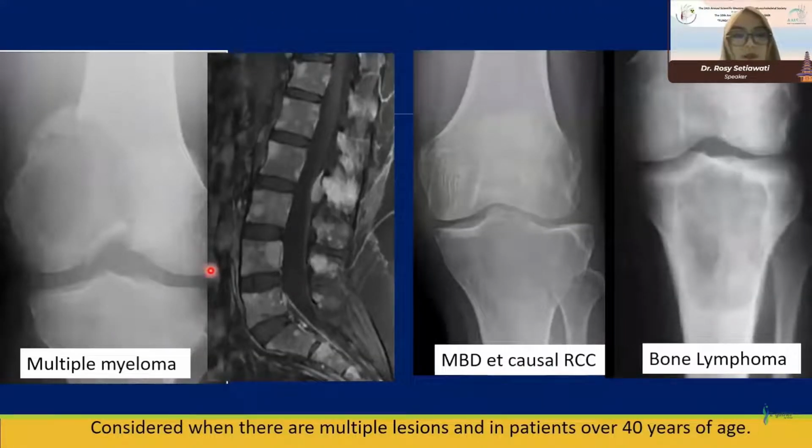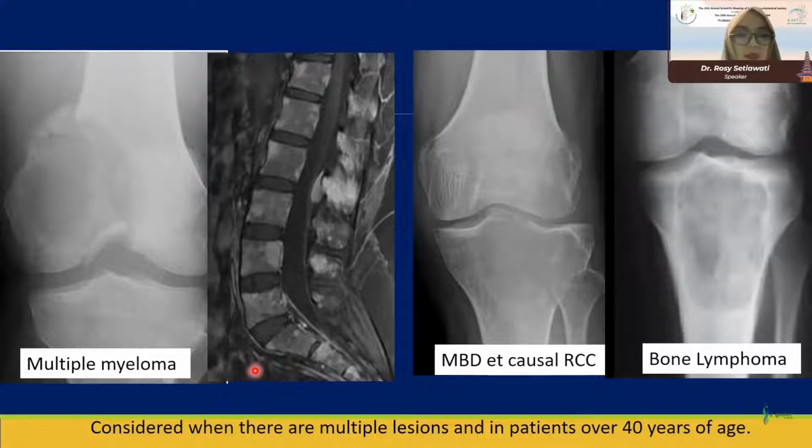If we find multiple lesions in a patient over 40 years of age, we consider multiple myeloma, MBD, and bone lymphoma as mimicking lesions of GCT.